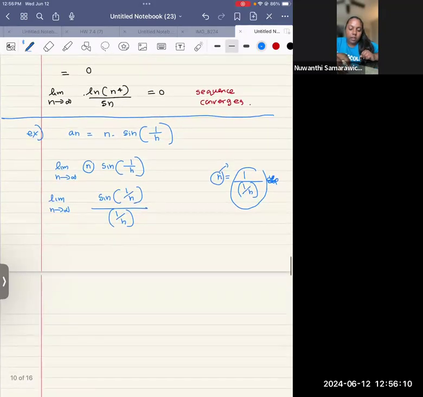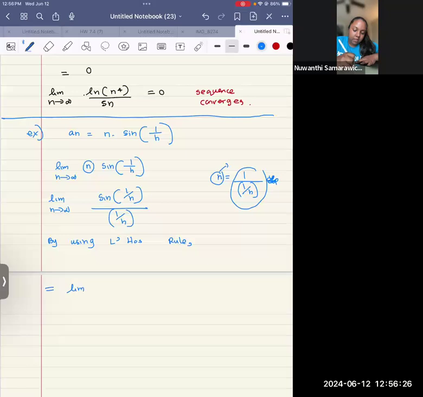Now we can use L'Hopital's rule. By using L'Hopital's rule, we take the first derivative of the numerator and denominator. So the derivative of the numerator becomes cosine of 1 over n.